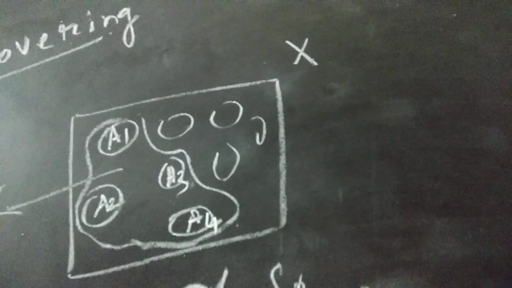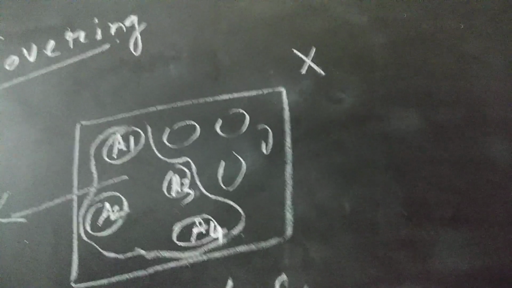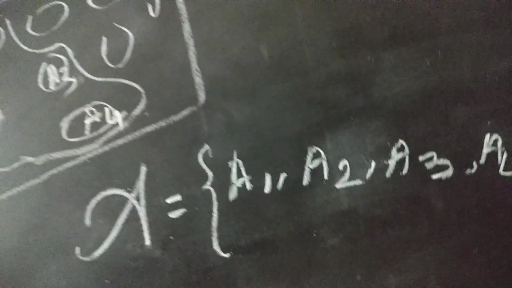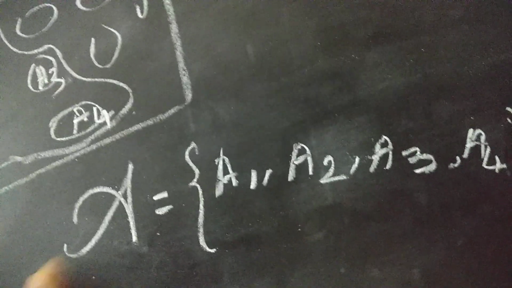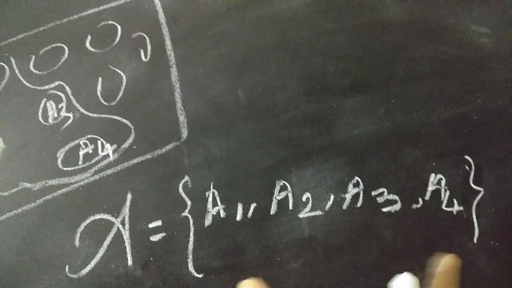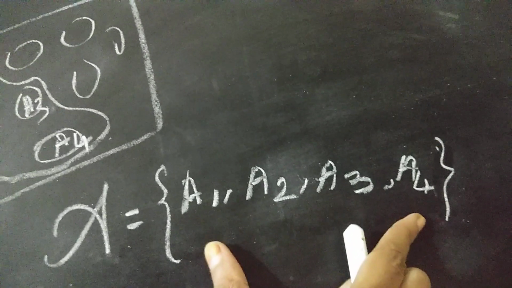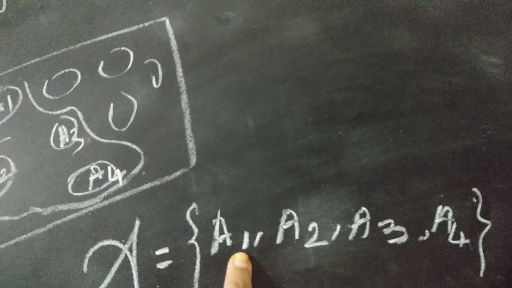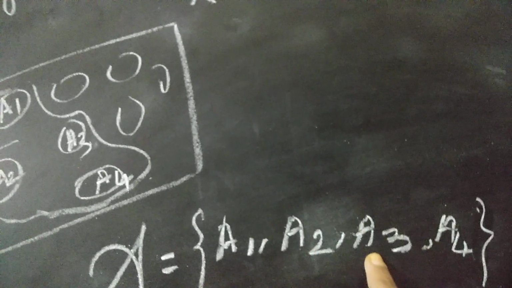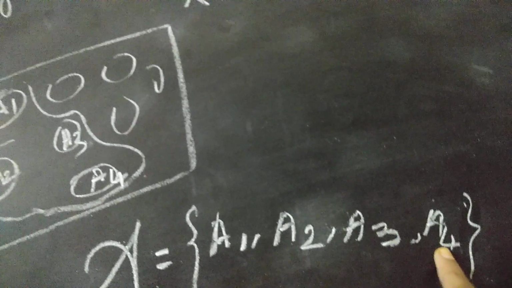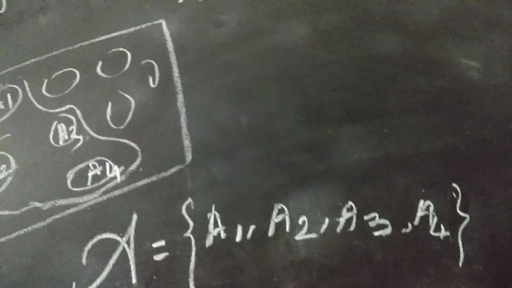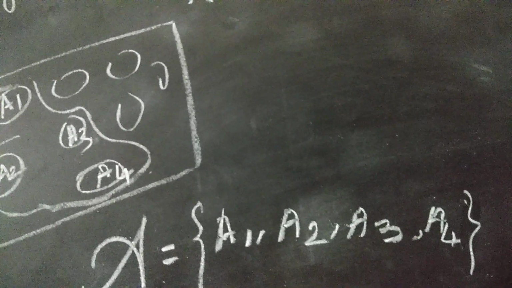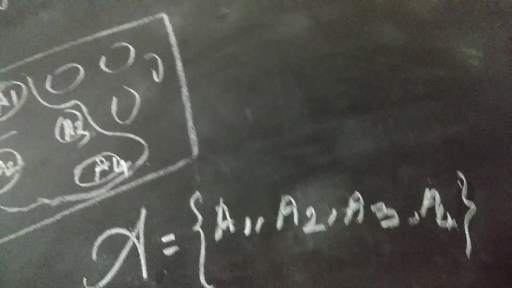When I say that, there is a condition script A should satisfy. Inside this script A you have these elements, right? So I am going to find the union of these elements. A1 is a subset, A2 is a subset, A3 is a subset, A4 is a subset. You know how to find the union of given sets, right? In small classes we have learned.